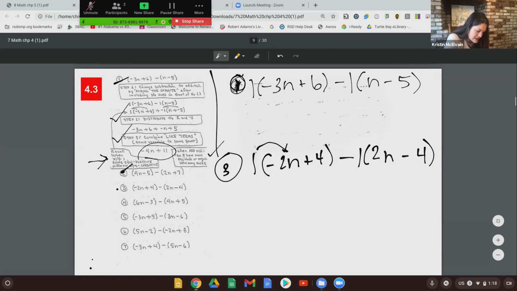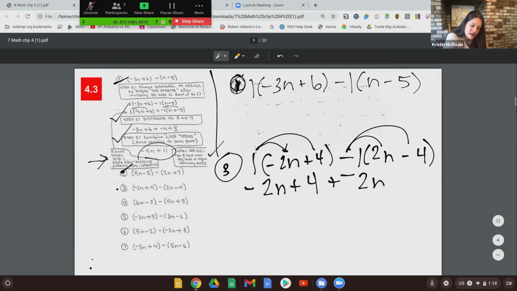So 1 times negative 2n is negative 2n. 1 times 4 is 4. Negative 1 times 2n is negative 2n. That's this one. And then we have negative 1 times a negative 4 gives us a positive 4. That's a plus.